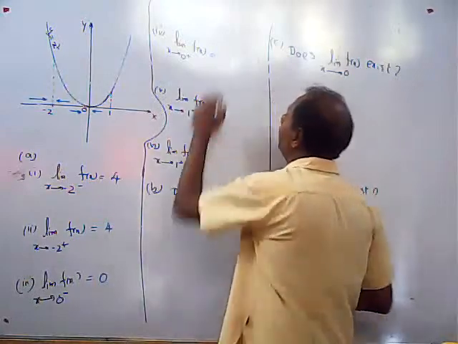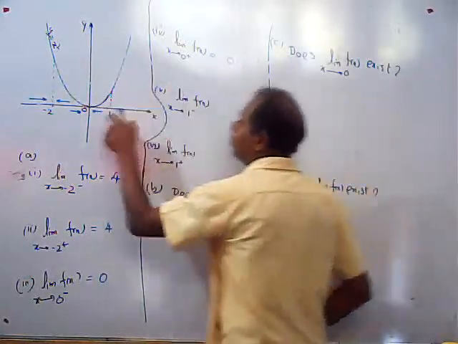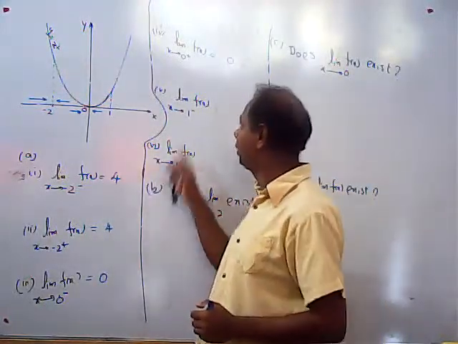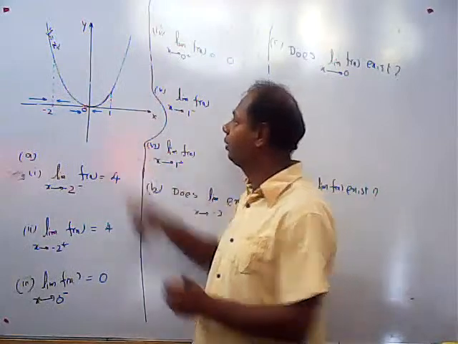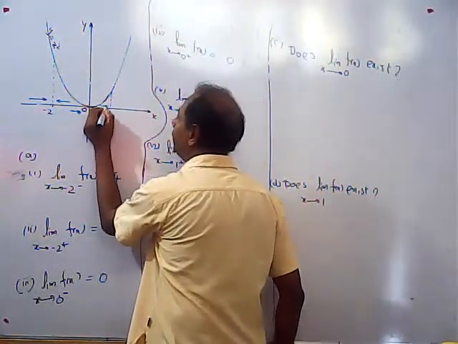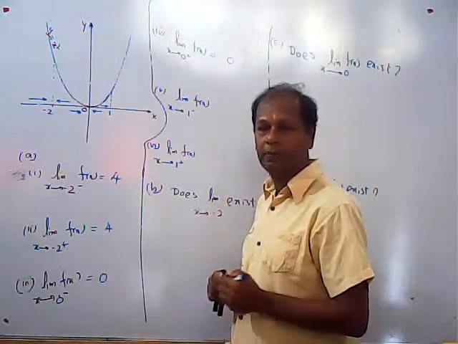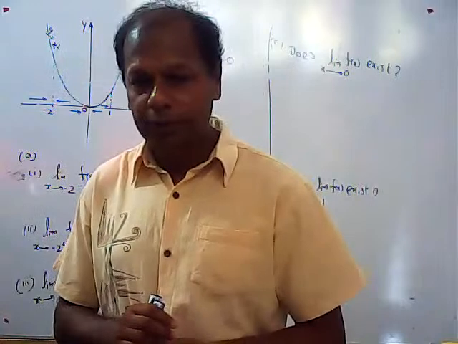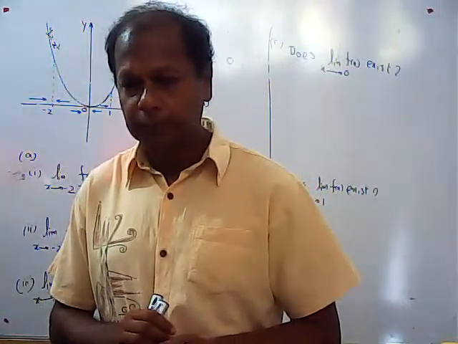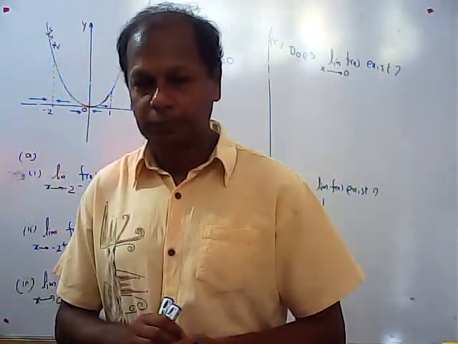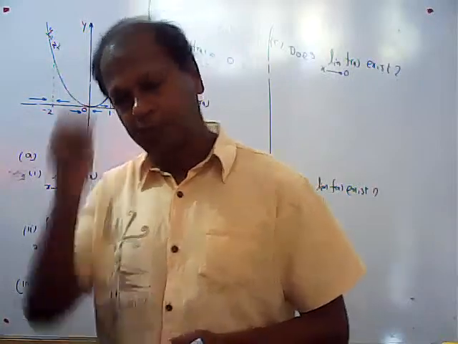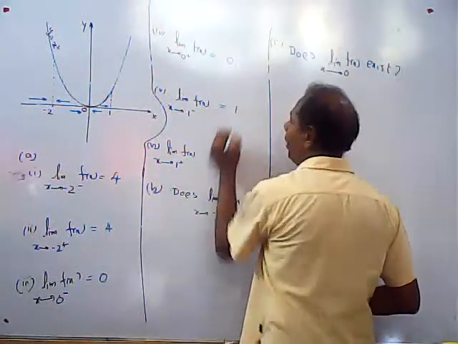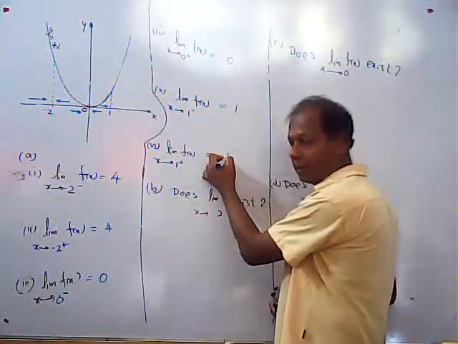This time you get closer to 0 from the right hand side. Yes, it is also 0. Correct. And what about the left limit at 1? It is 1. Yeah, Cyril says 1. Correct. And the right limit is also 1.